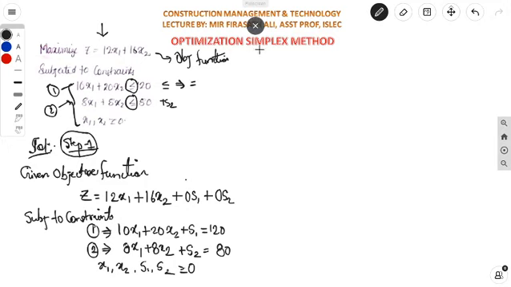Step 2 is about formulation of the initial simplex table.